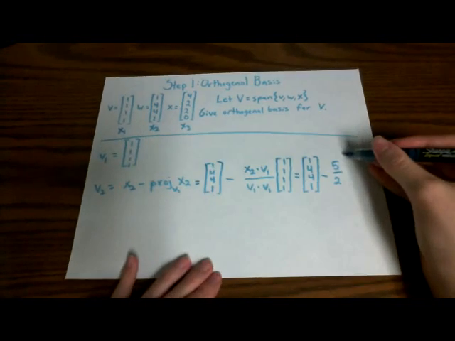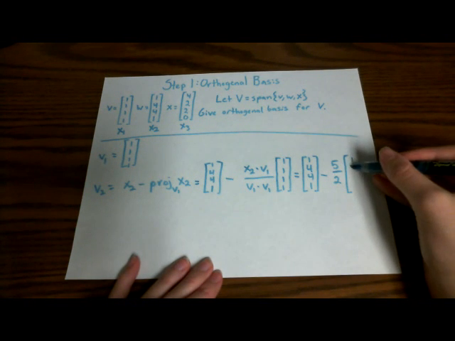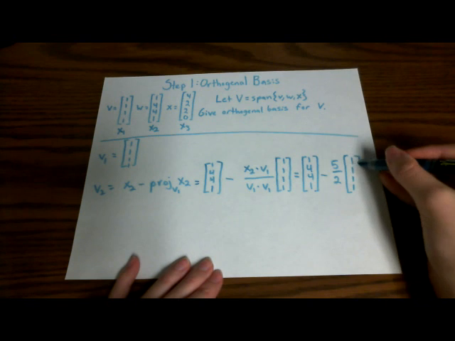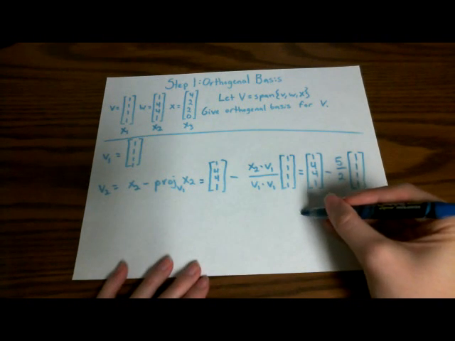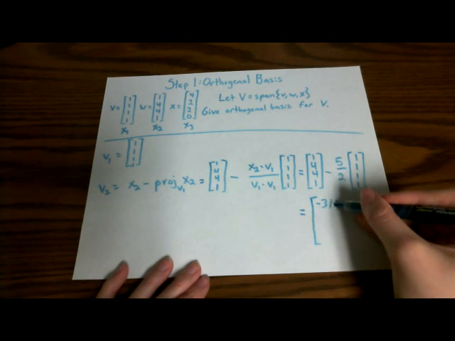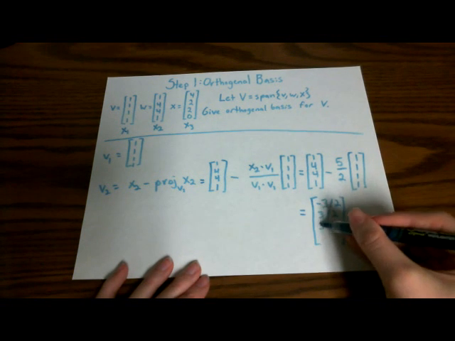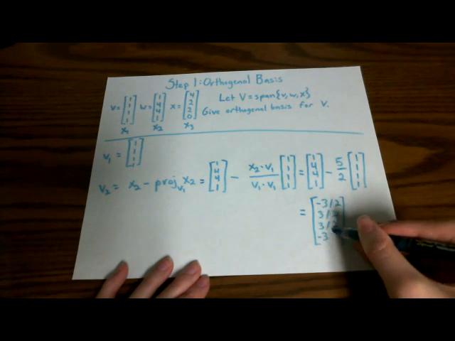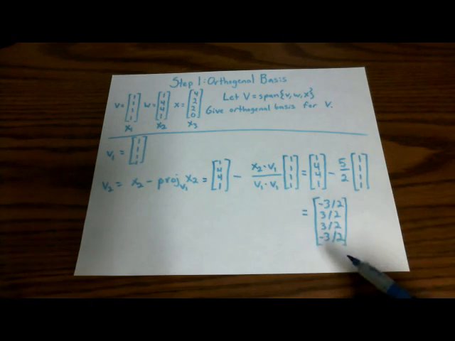I don't feel it's important to show that, because hopefully you would know how to do the dot products already. And once we calculate this, we get something that doesn't look very nice, but that is to be expected when doing the QR factorizations. And so here is V2.